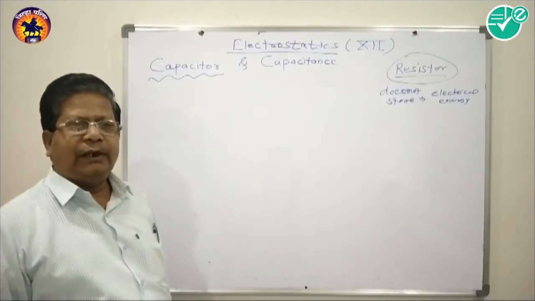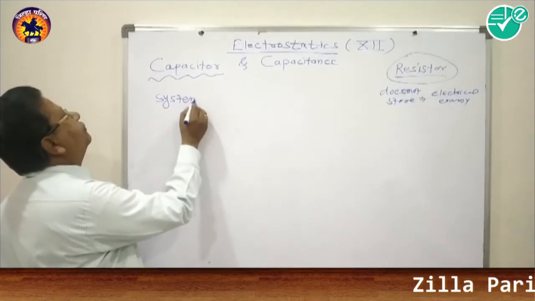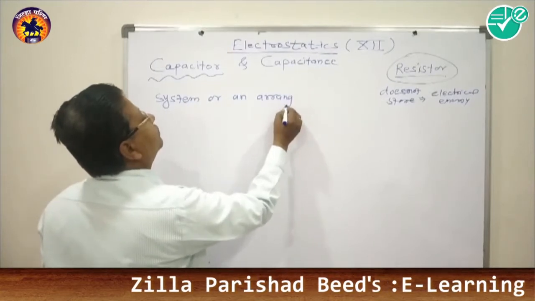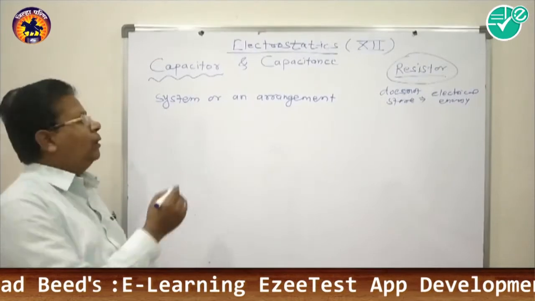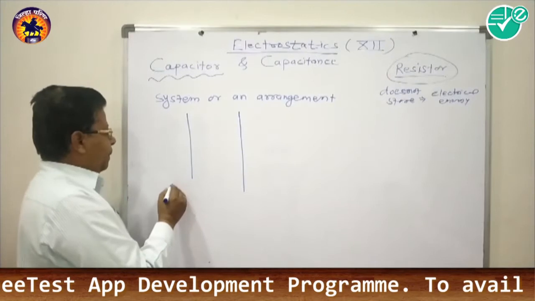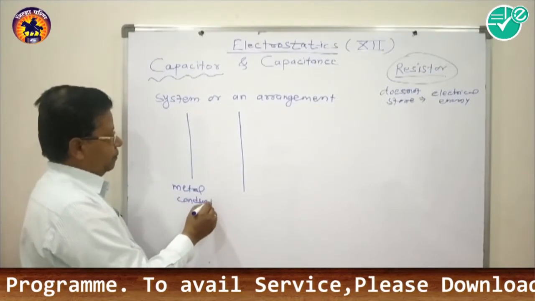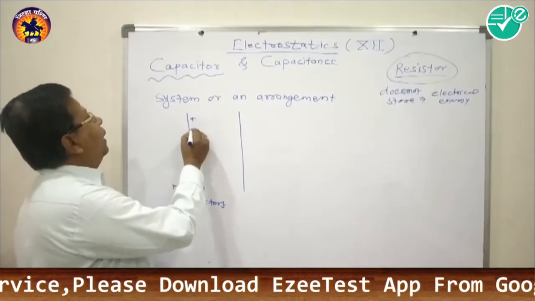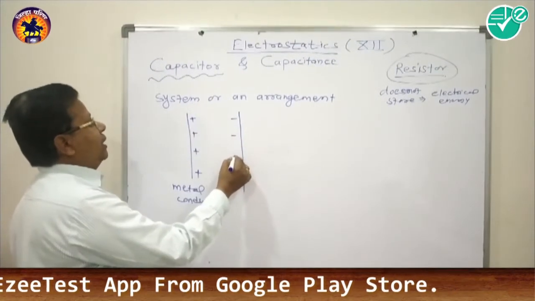So, a capacitor is a system or an arrangement of two insulated metal conductors having equal and opposite charges.